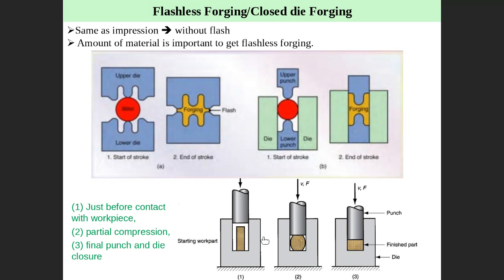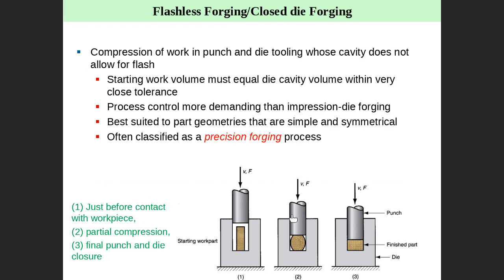Then you have to accurately calculate the volume. You know the volume is constant. Then you must calculate the volume accurately, so you finally obtain exactly the desired dimension. So this is the closed die forging, flashless forging, and it is considered as precision forging.